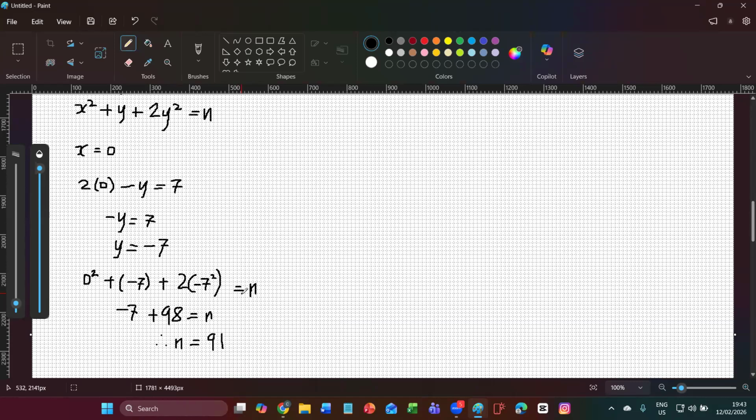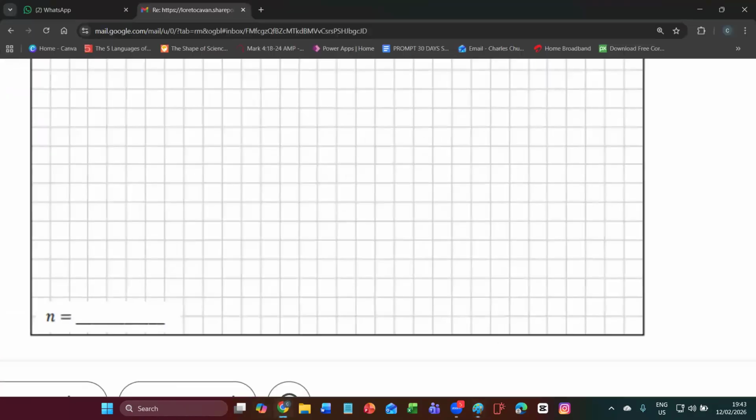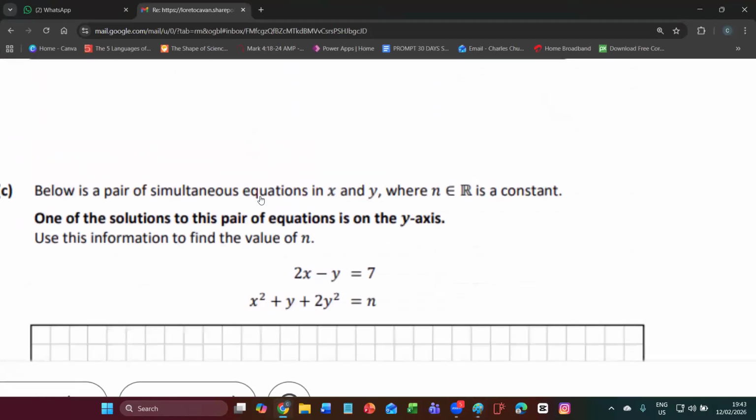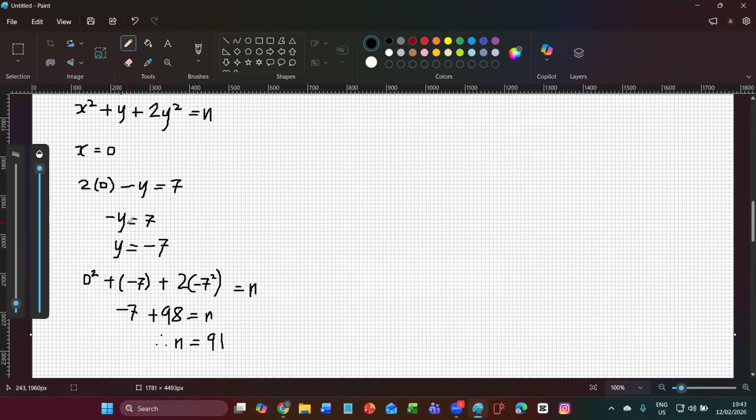Yes, sir. So did you notice that the key to this question was understanding that when they told you this information, one of the solutions to this pair of equations is on the y-axis. They were indirectly telling you that one of them has x equals 0 as its x coordinate.